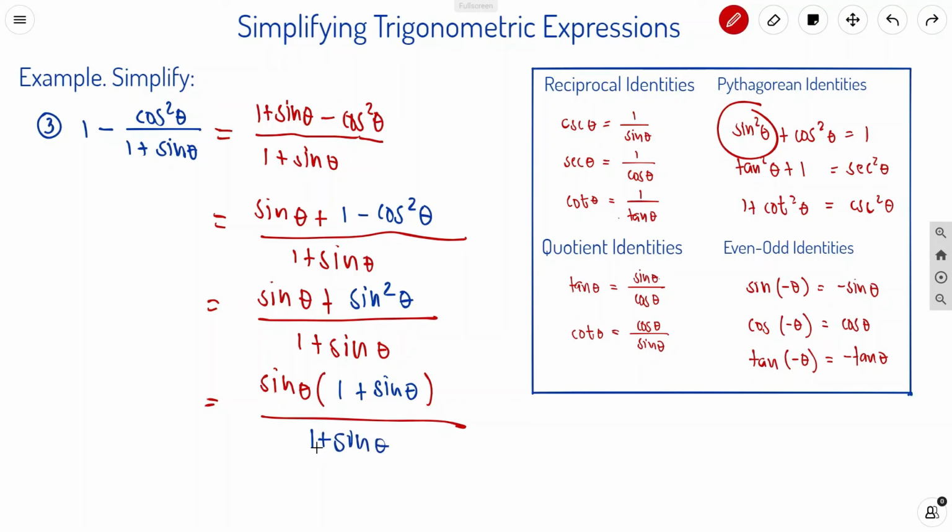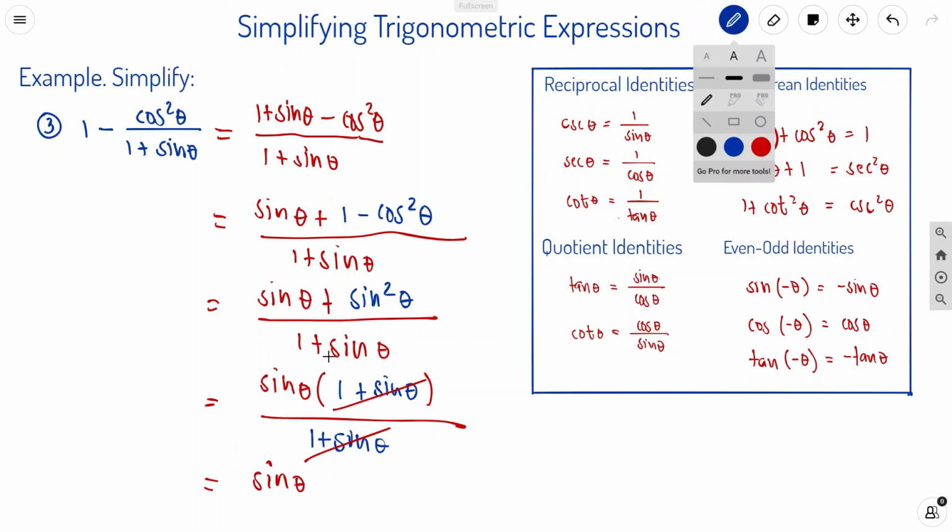Now, dividing the expression, these two cancel out. That will leave us to our final answer, which is equal to sine theta. So, therefore, we have now the simplified form of 1 minus cosine squared theta over 1 plus sine theta, which is equal to sine theta. And that is now our final answer.